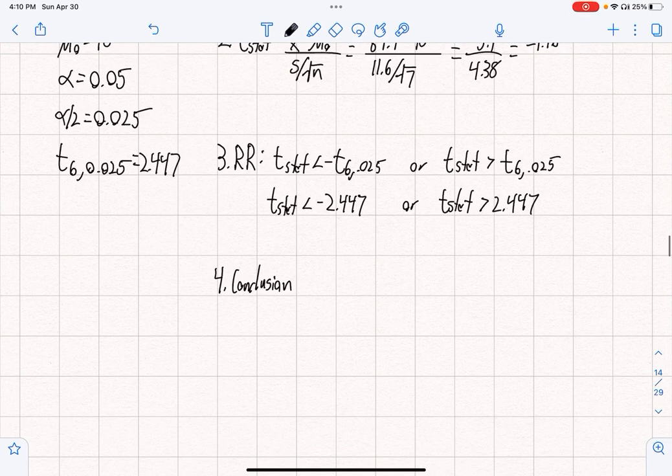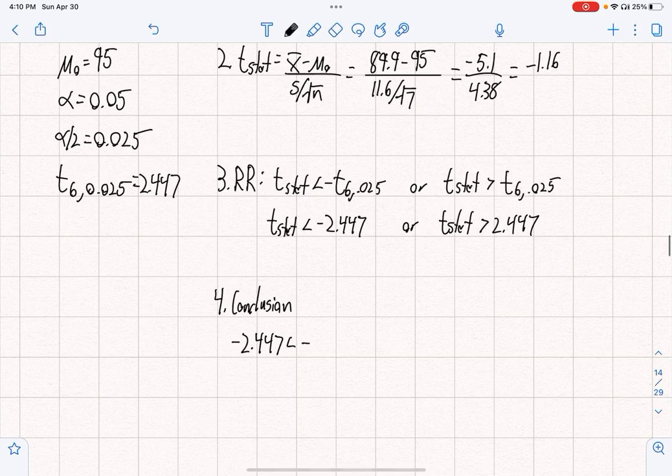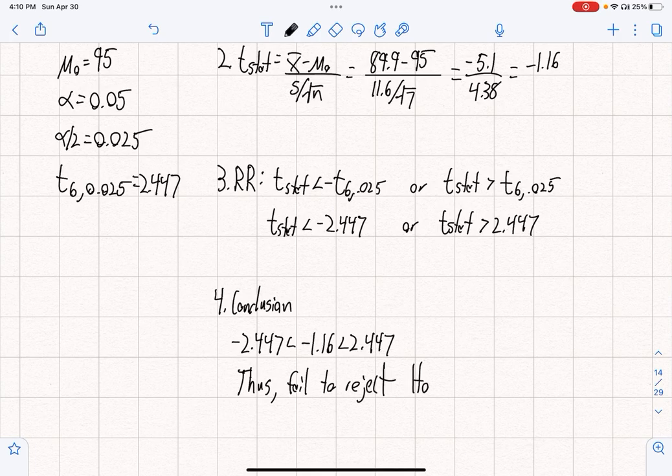So we fail to reject the null hypothesis. Because our t-stat of negative 1.16 is between these two numbers, thus we fail to reject H naught. So we're not going to accept the null hypothesis. We're just going to fail to reject it.